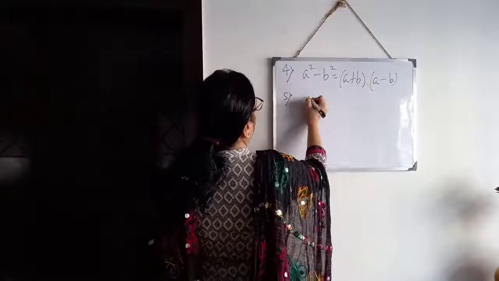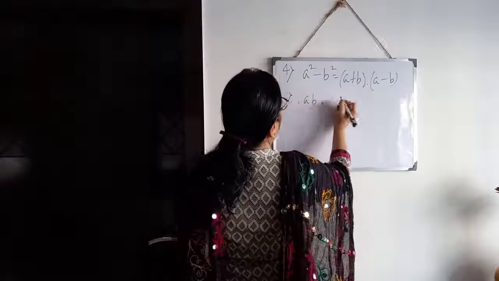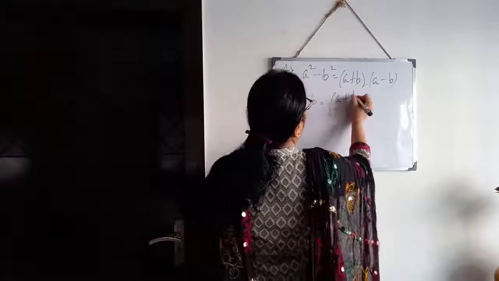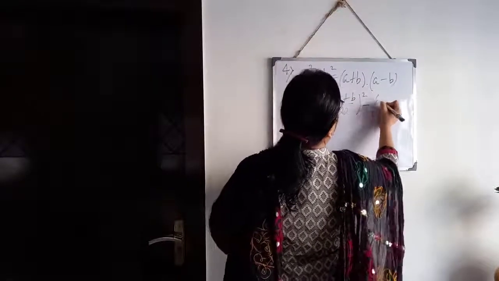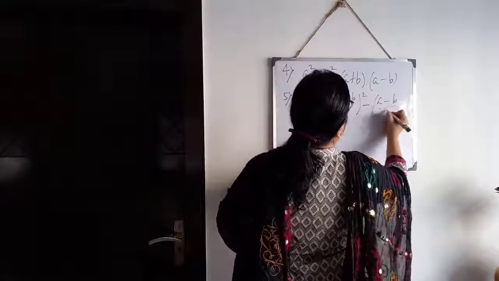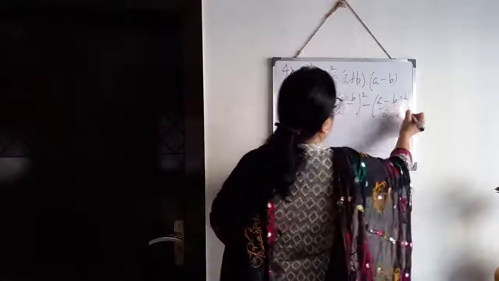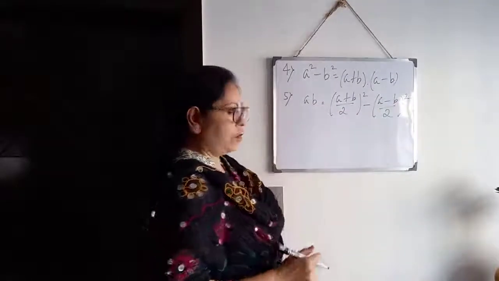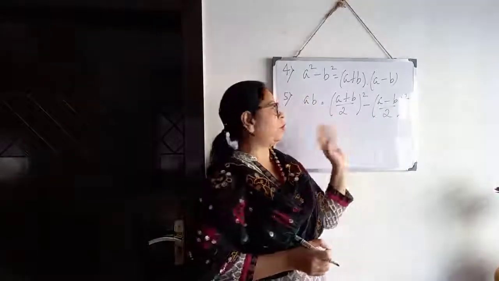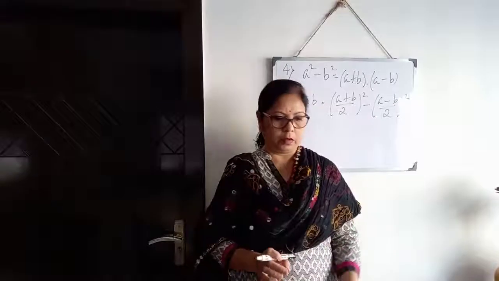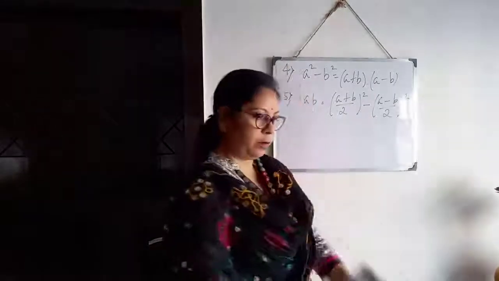Another is ab. ab equals ((a plus b) by 2) whole square minus ((a minus b) by 2) whole square. So if you did not learn this formula in class 7, you have to memorize it. Clear? Now I'll start.